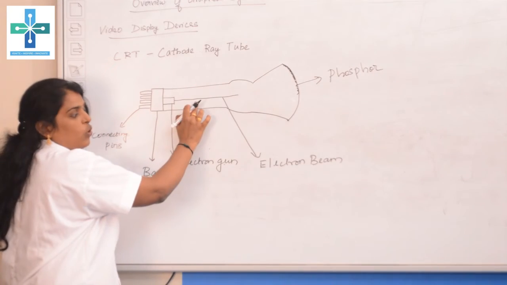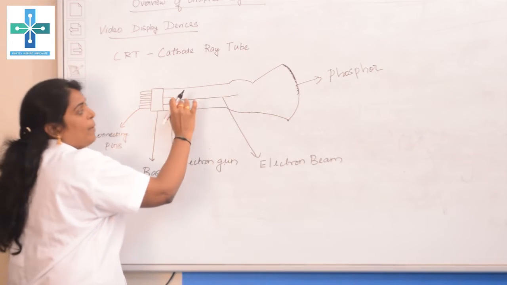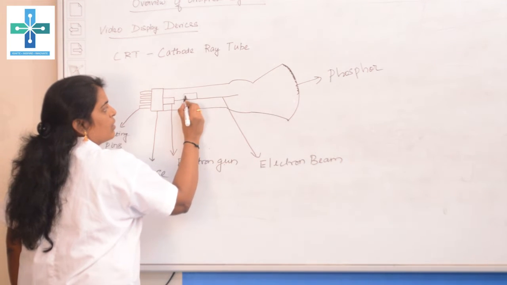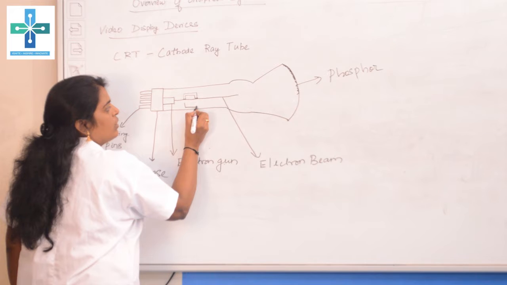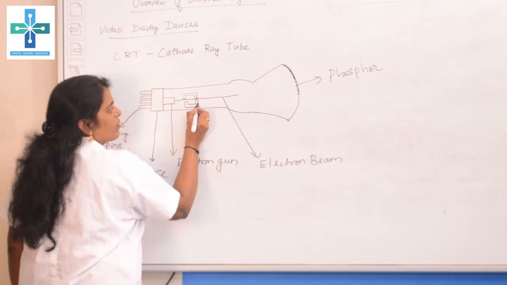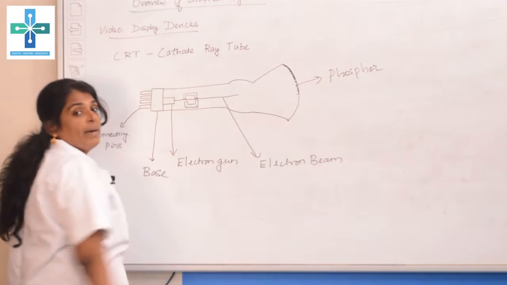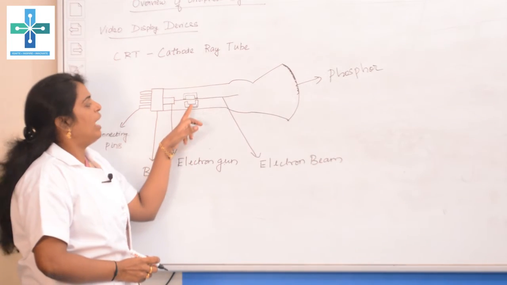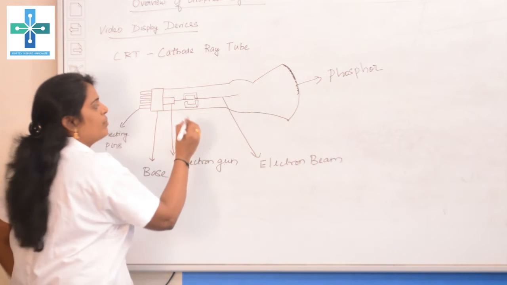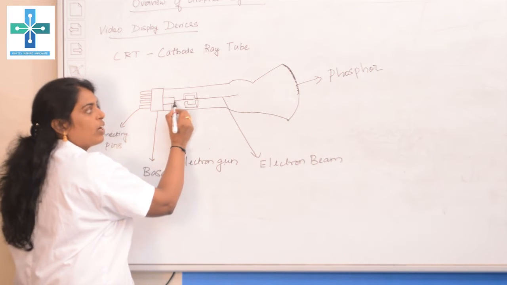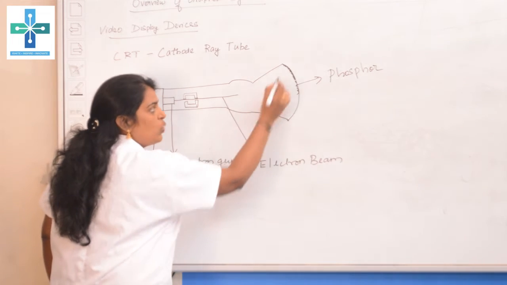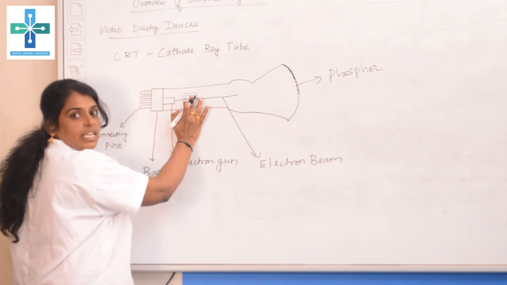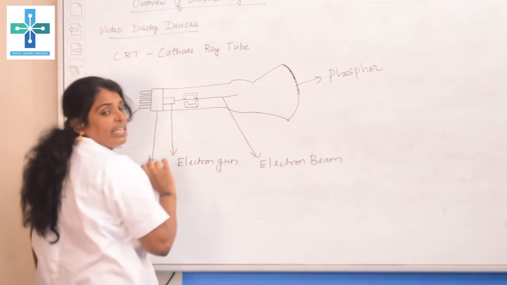This electron beam is passed through the focusing anode as well as the magnetic coils. Why are we using the focusing anode and magnetic coils? In order to make this electron beam pass directly towards this phosphorus coated screen.